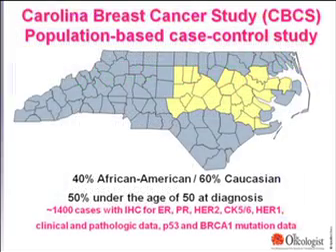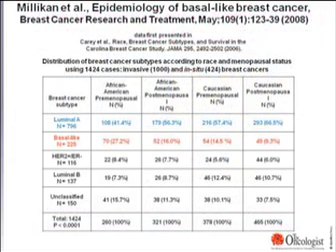Using our immunohistochemical surrogate, we applied this to a unique population-based study from North Carolina that purposely oversampled for African Americans and purposely oversampled for young women with breast cancer. This was done to address the following question: it was known that African Americans and young women with breast cancer have a lower incidence, but a higher mortality.